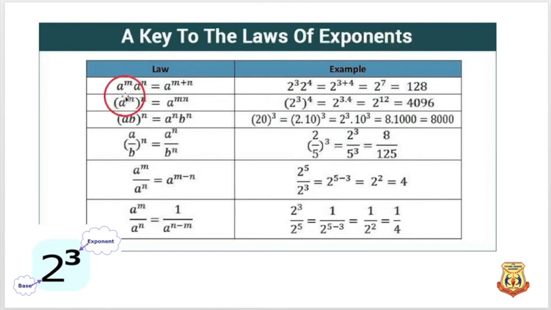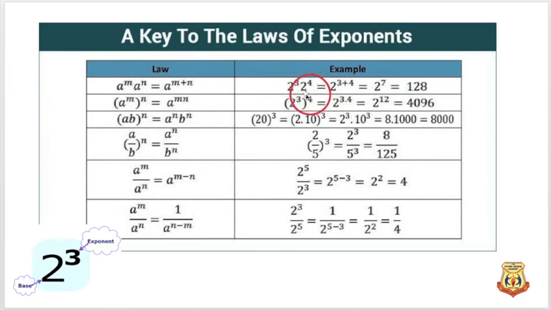a to the power m into a to the power n. That means the base is the same in both cases, both are a. Only the exponents are different, m and n. In that case, what will we write? The answer is a to the power m plus n.